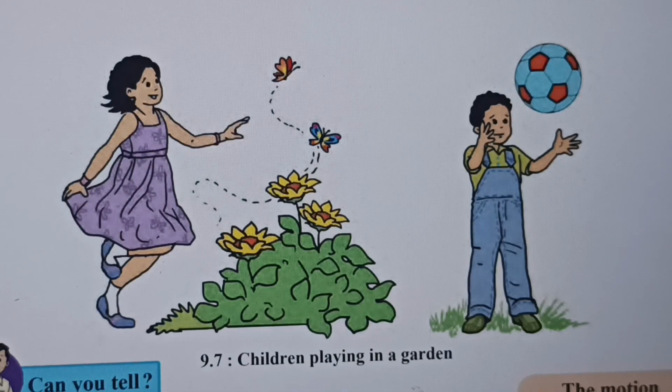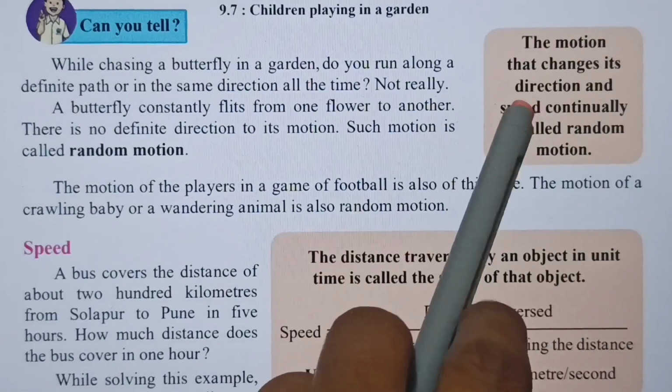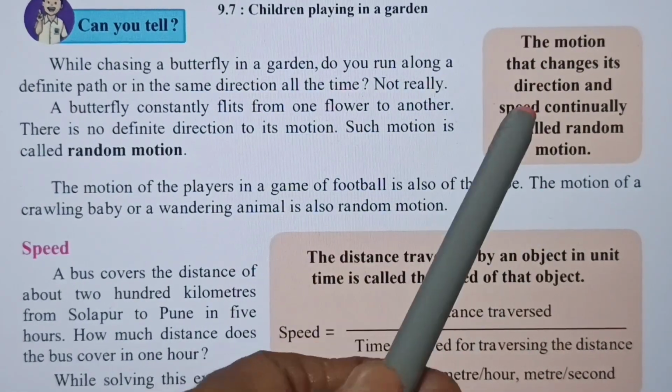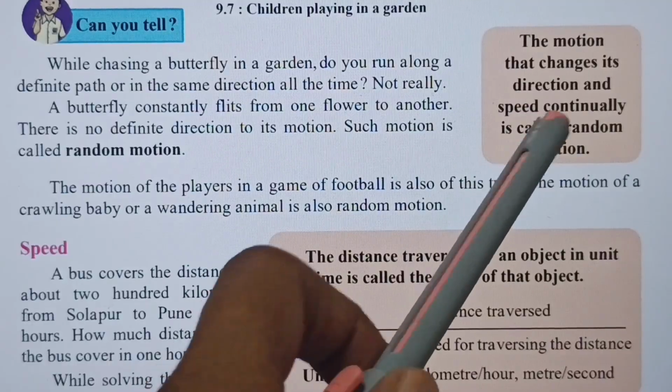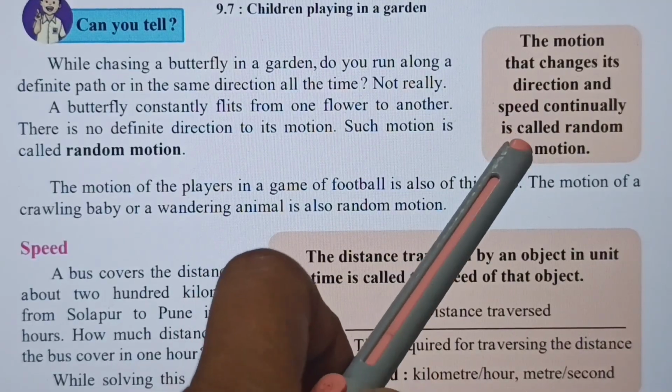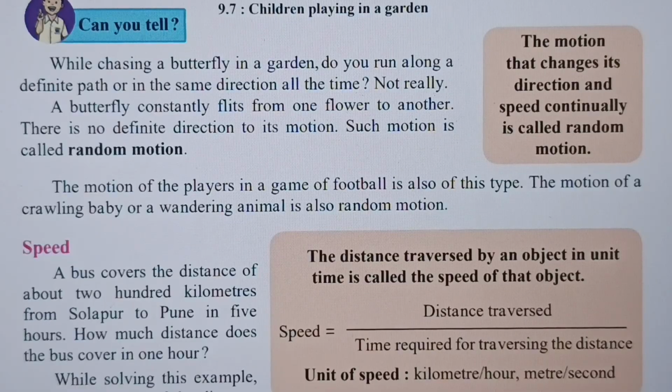This type of motion is called random motion. The motion that changes its direction and speed continually is called random motion.